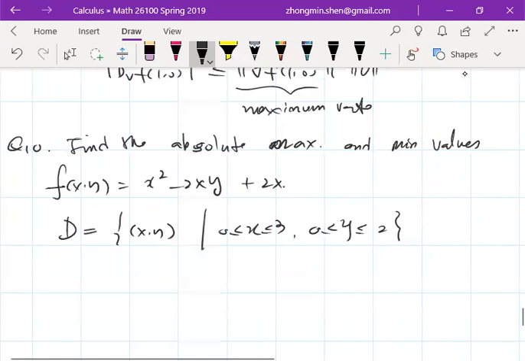So this is a closed bounded domain. The function has its absolute maximum or absolute minimum value either at a critical point or on the boundary.